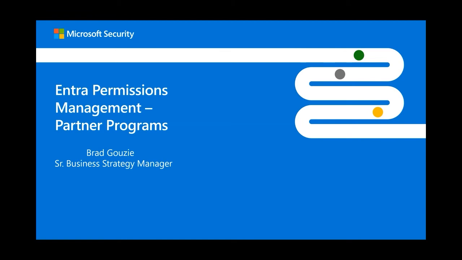But we do want to discuss what's in it for the partners, right? I am the Senior Business Strategy Manager on the incubation team with Samba, and we help partners, like the partners on this call now, to get introduced to these incubation lines, with Entra being one of those. I actually came over from CloudKnox. I'm the only one on this call who was there from the beginning, way back in 2019.